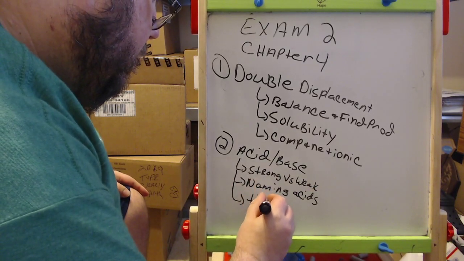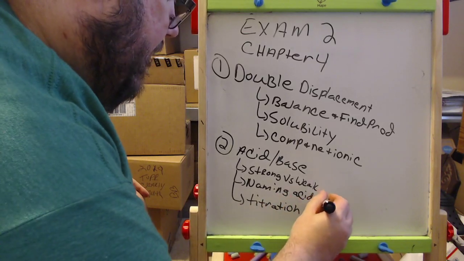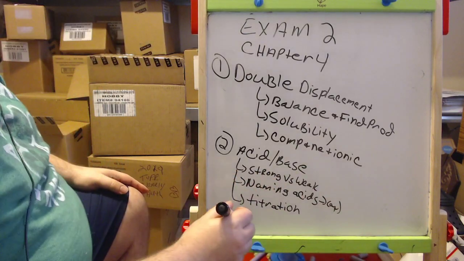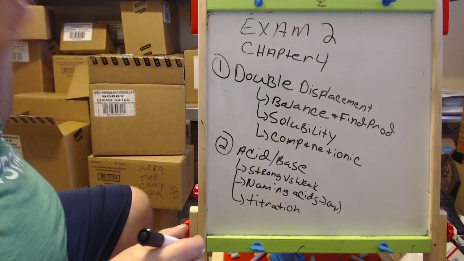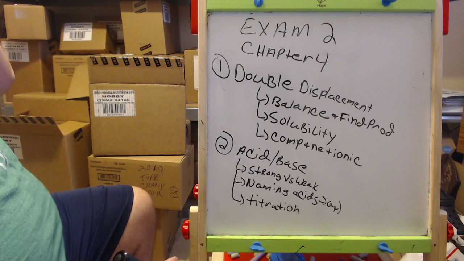Titration. Remember, to be an acid, I have to be in an aqueous solution. So if I'm not in an aqueous solution, my naming acid rules don't go into effect.